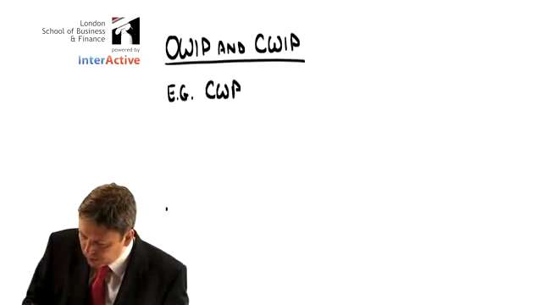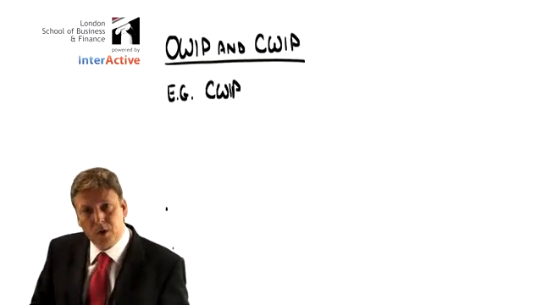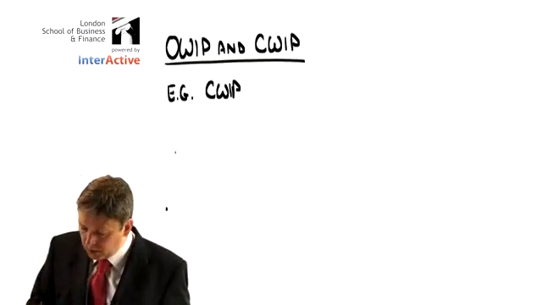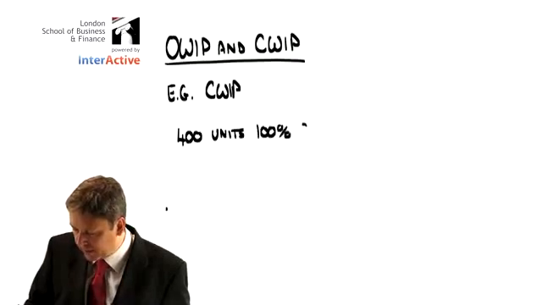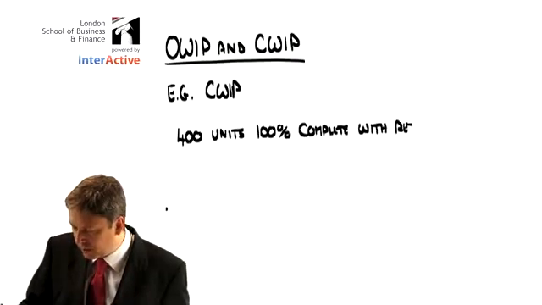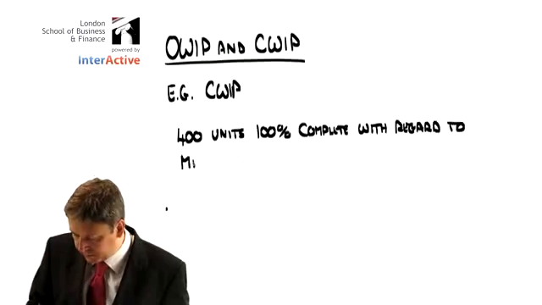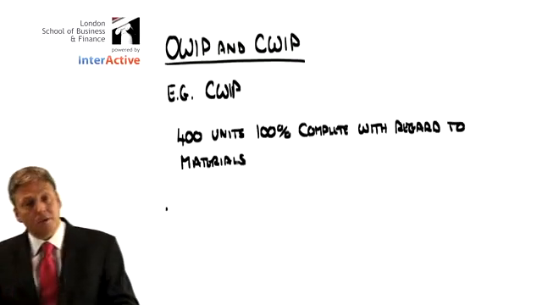Let's suggest we're looking at CWIP, closing work in progress. And we could say that we have 400 units, 100% complete with regard to materials. This is often the case.